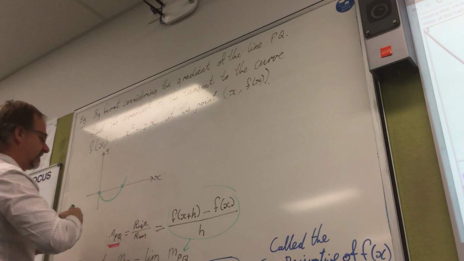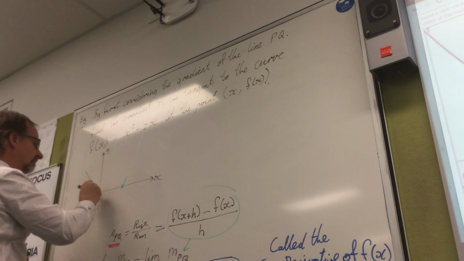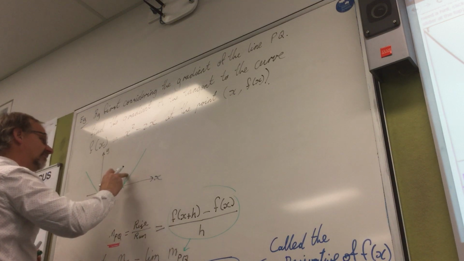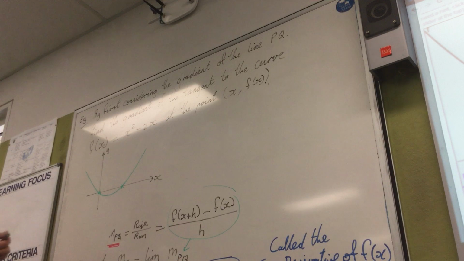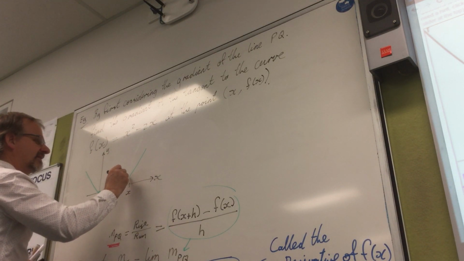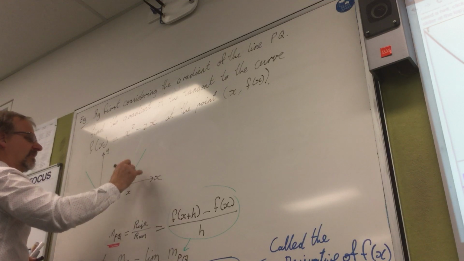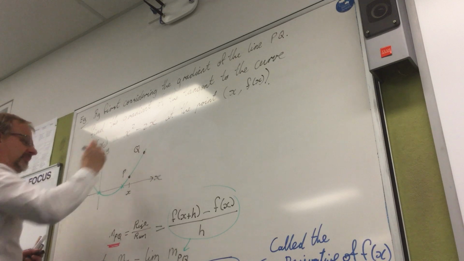Oh yes it does, I just didn't like the way I drew it. I want it a bit wider, it's going to make it easier. So that's point X, that's point P, and that one over there is point Q.